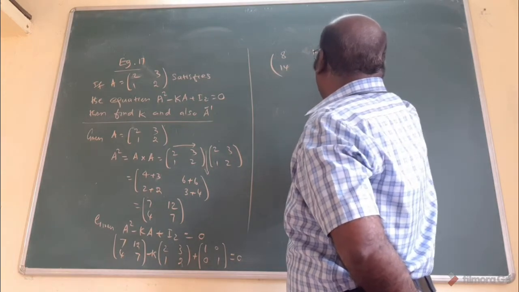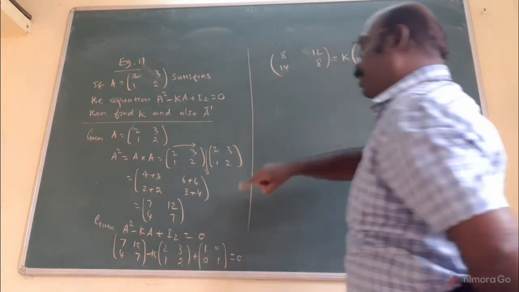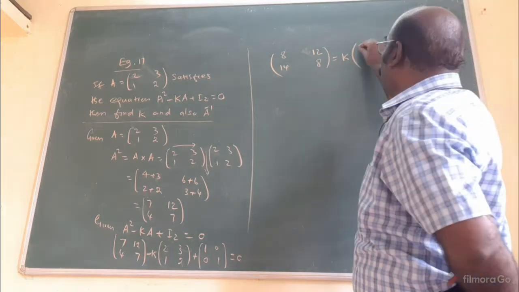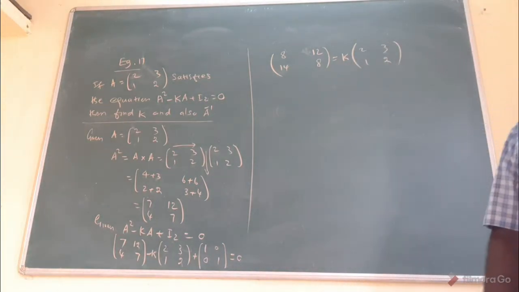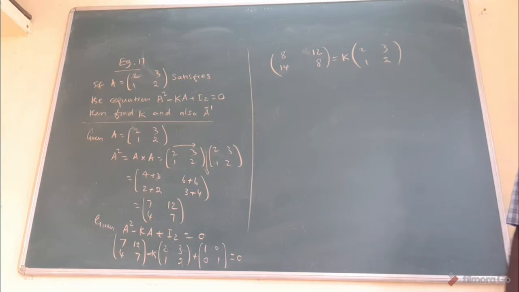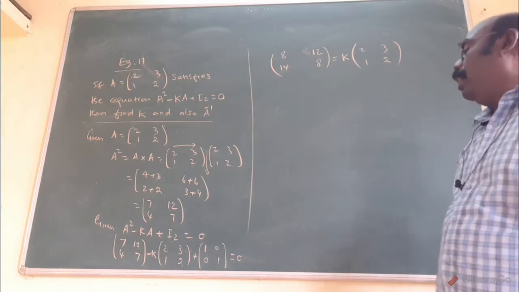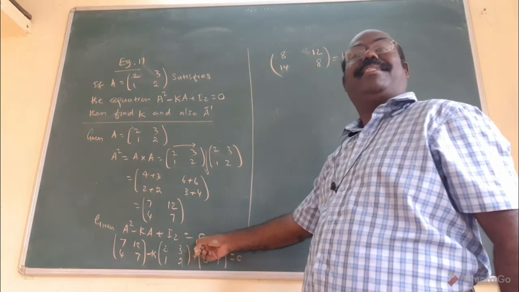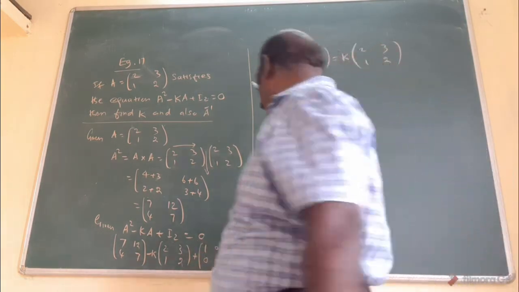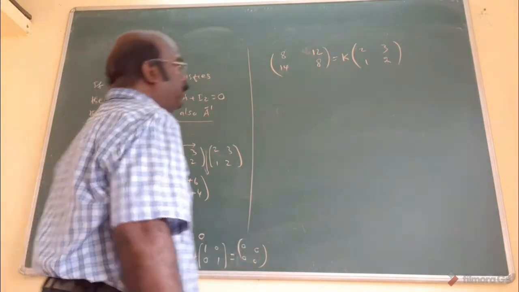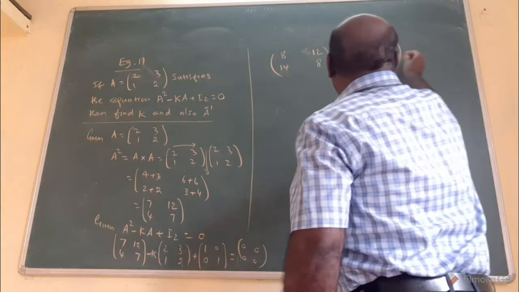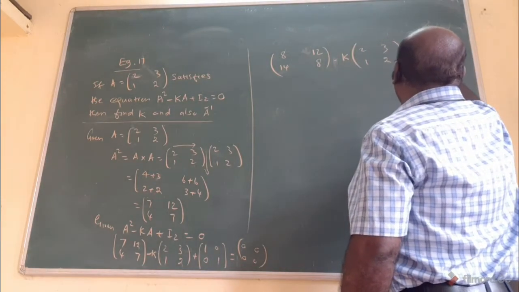Equal to K into this one. This side, minus K into something, no? 2, 3, 1. Am I right? Now, actually, this 0 represents the 0 matrix or null matrix. That's why not only put 0, you put 4 zeros. Am I right? Now, minus K into this one equal to 0, 0, 0.